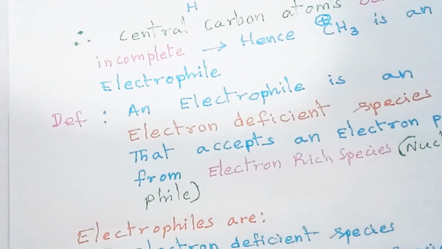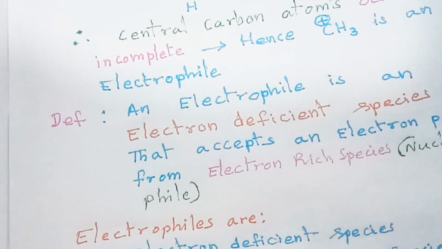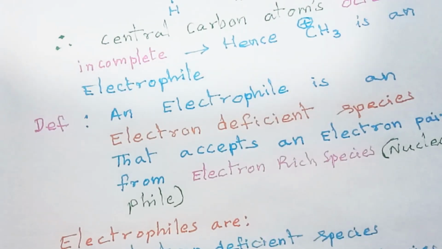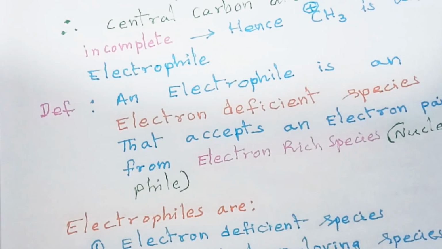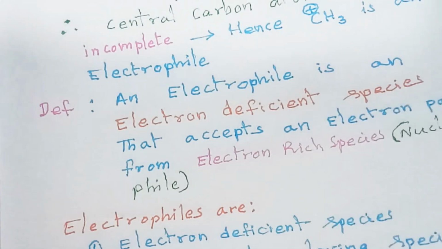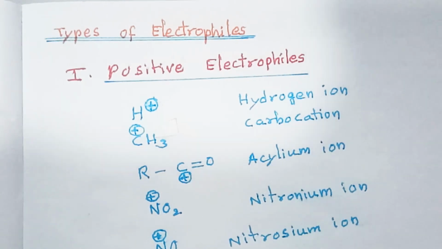Electrophiles are therefore electron deficient species, hence electron loving species, and they accept a lone pair of electrons, so they behave as Lewis acids. Lewis acids means the species that accept electron pairs. Now let's see the types of electrophiles.